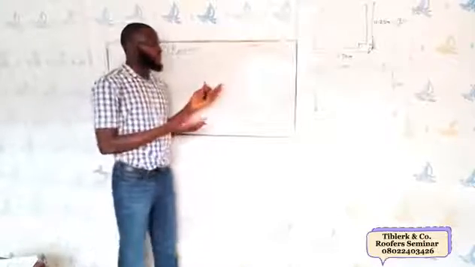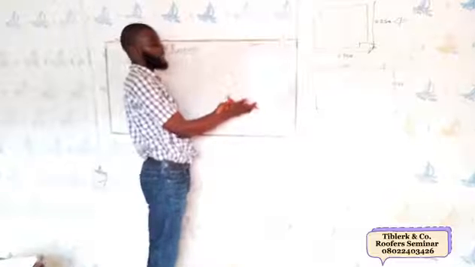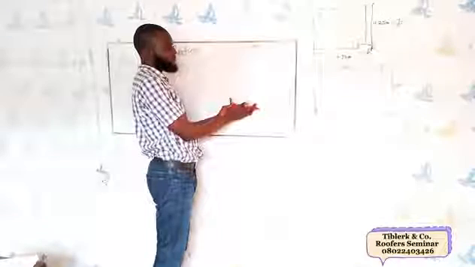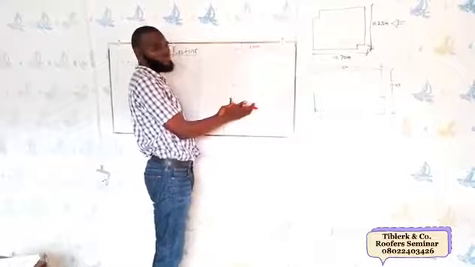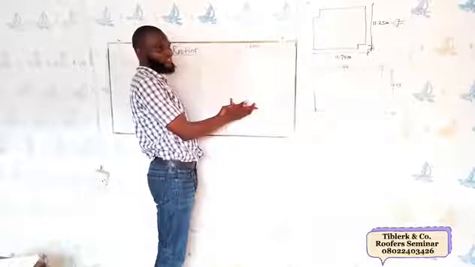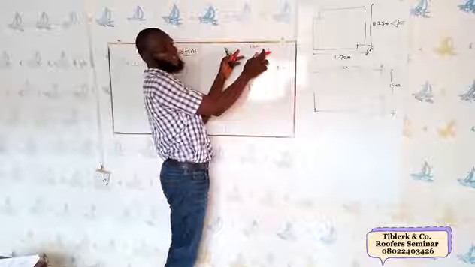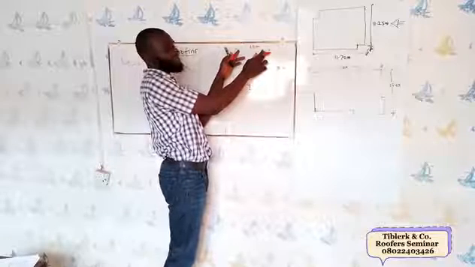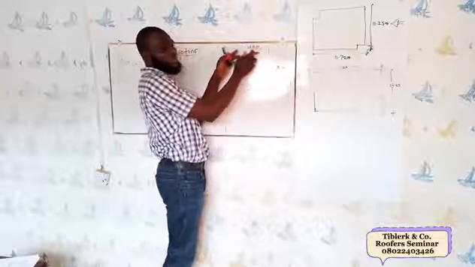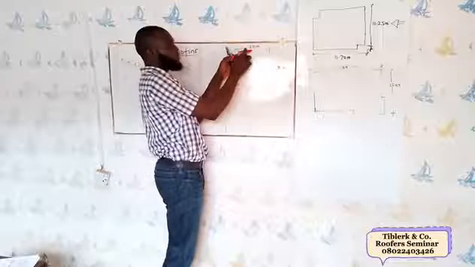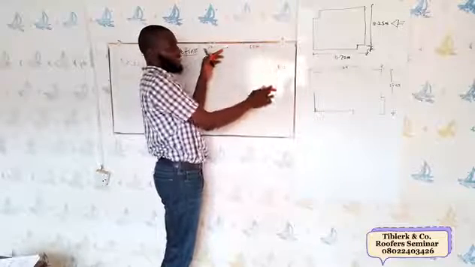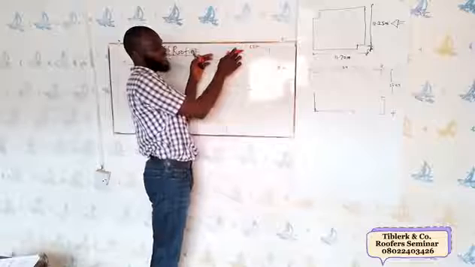Now, this is the approach view. Now we want to design this. The first thing is to start from the main span of the building. Our span here we are referring to, this is the length, this is the breadth.